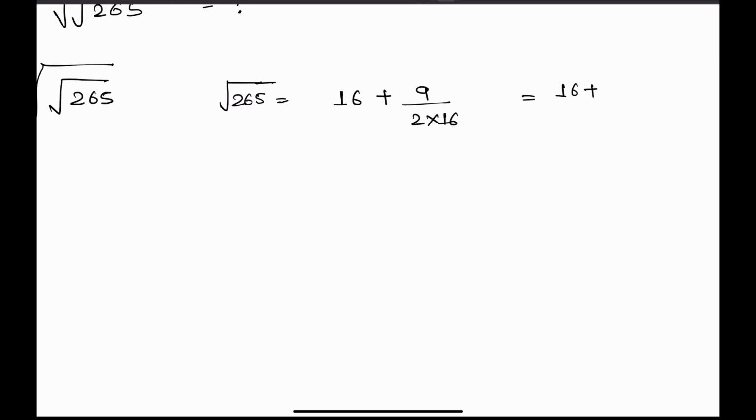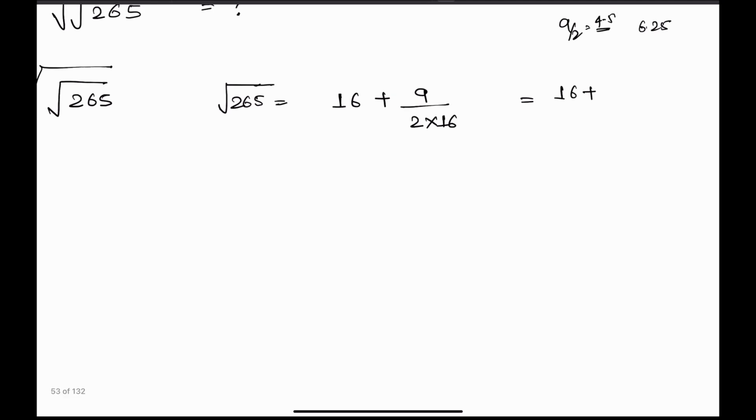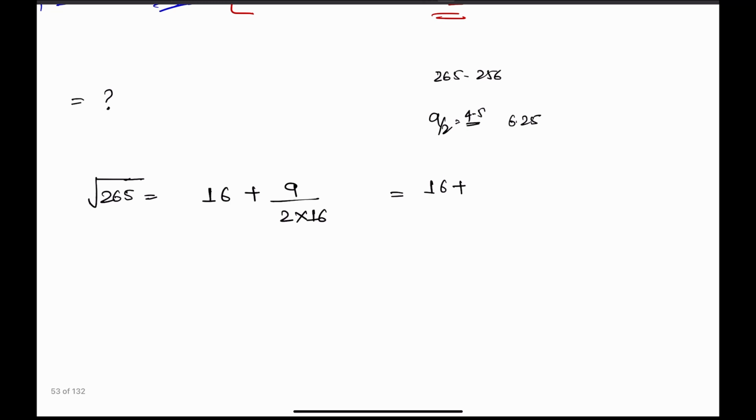Now 1 by 16 is 0.0625, if you remember, but let's verify: 1 divided by 16 is indeed 0.0625, and 9 by 2 can be written as 4.5.